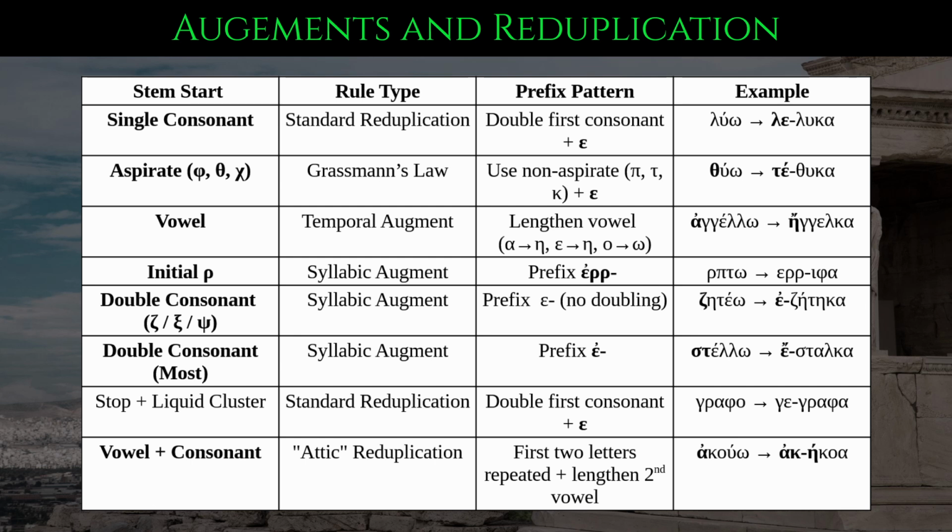Now, here alpha plus kappa are the ones that are being doubled. Now, the initial alpha is lengthened to eta. So we have the prefix, which consists out of the original alpha and kappa. But now the verb stem starts no longer with alpha, but with eta. That is the Attic reduplication.